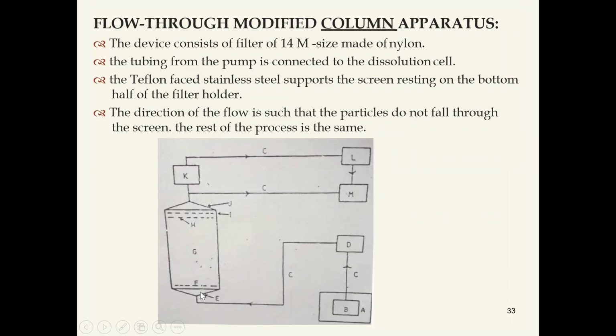The lower one, E, is the filter holder. And G: what is G? This is the polycarbonate cylinder. Here H is there. H is the nylon filter. F is the support screen. H is the nylon filter.